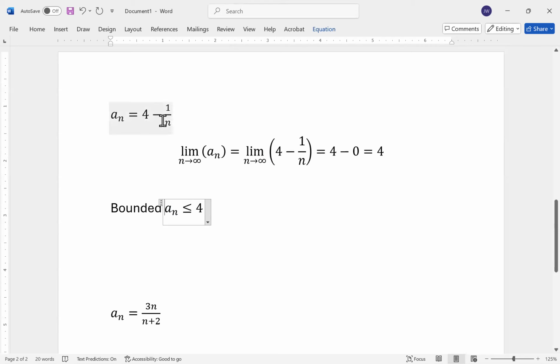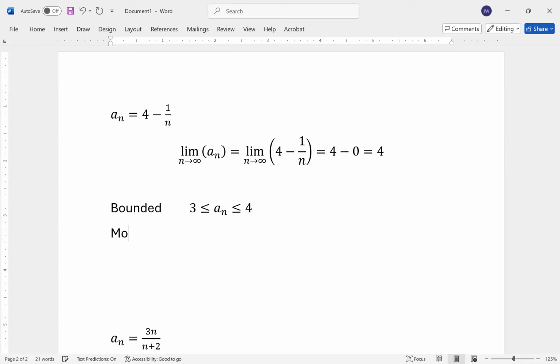This fraction, by the way, is always a fraction that is 1 or less. So when we take 4 minus something that is 1 or less, the smallest that number can be is 3. This sequence, therefore, is bounded on the low end by 3 and on the high end by 4.